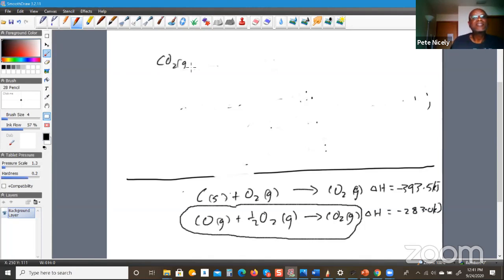CO2 gas, hold on, let me see here. To give C solid, I think I'm making a mistake here, plus O2.